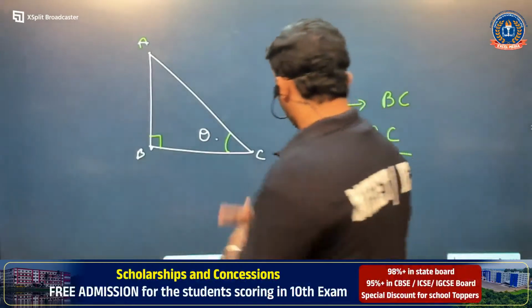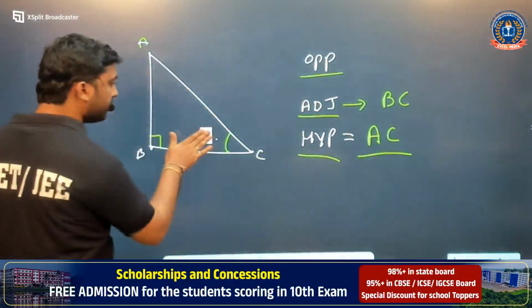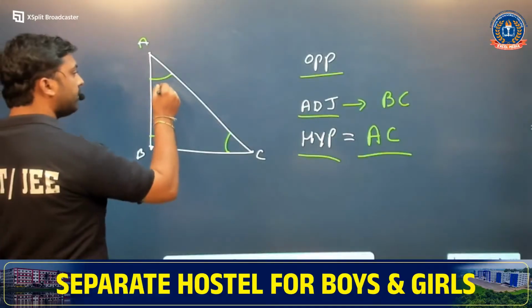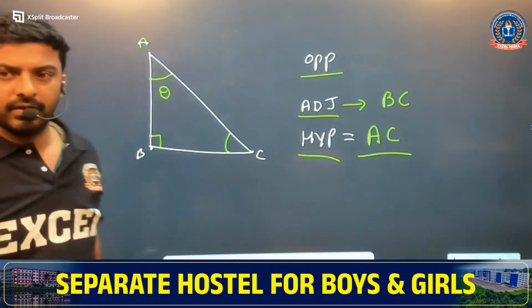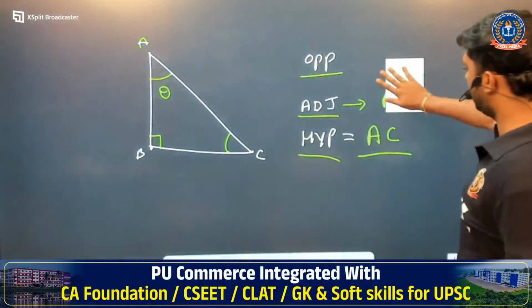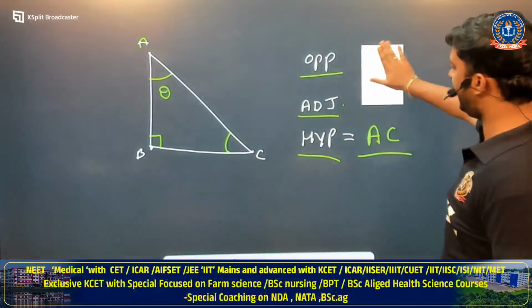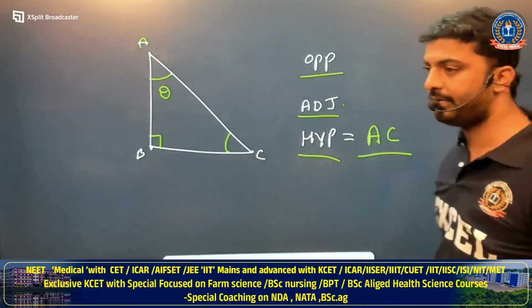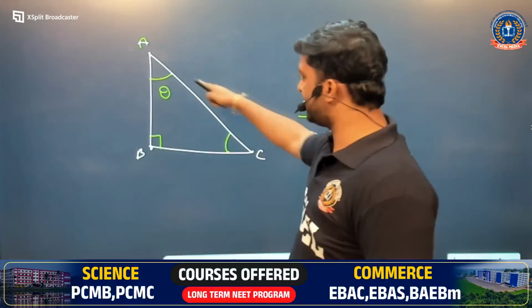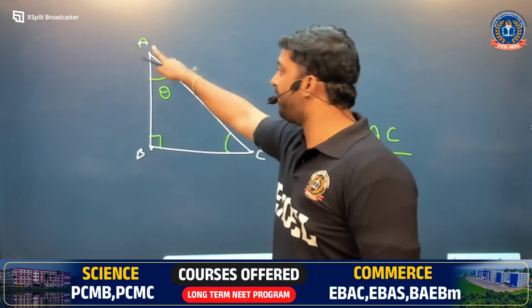Now, if I change the angle, if I take it here, which will be the opposite side and which will be the adjacent side? Now look here. The hypotenuse AC makes an angle theta with the vertical line, right?